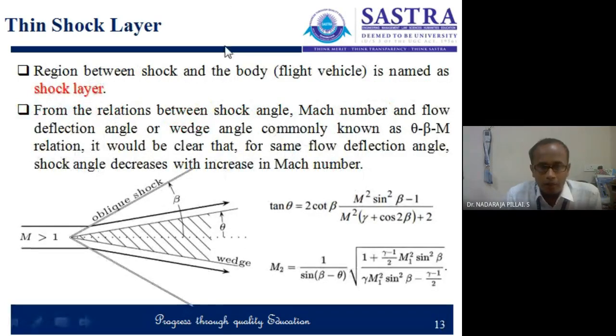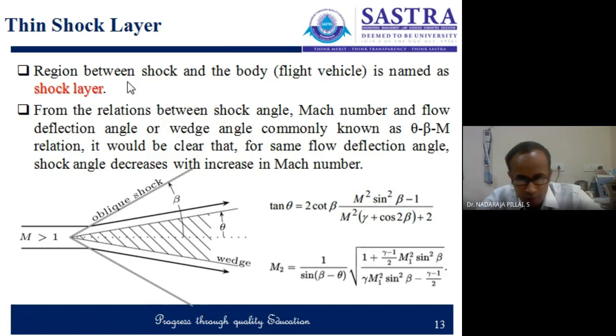So the region between the shock and the body is named the shock layer, and we can go to the discussion on the theta-beta-M relation, right? We have already studied the theta-beta-M relation. Now assume that theta is the wedge angle, and we consider a constant theta, a wedge of constant wedge angle.